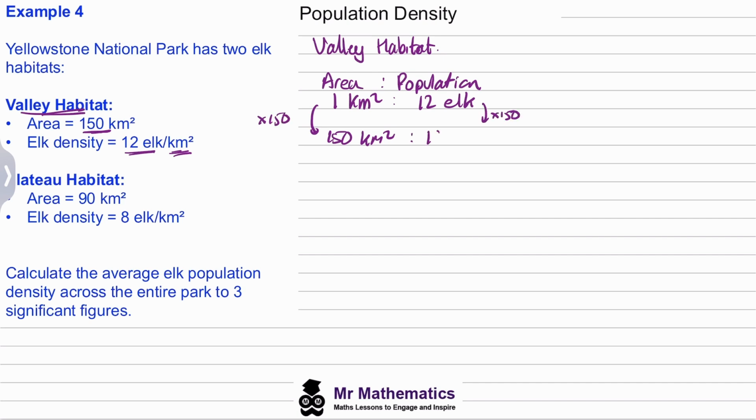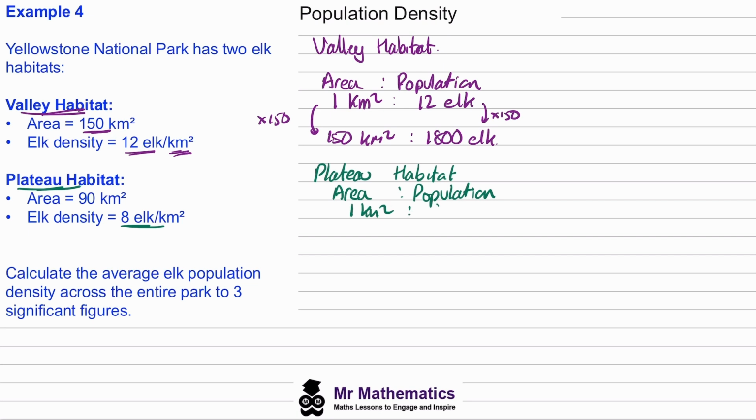And this will give us 1,800 elk. If we look at the plateau habitat, we've got the density of 8 elk for 1 kilometer squared. So over 90 kilometers squared, we'll multiply both sides by the 90, and we'll get 720 elk.